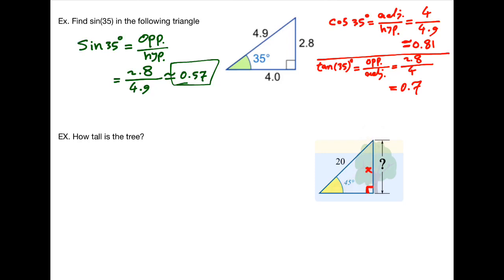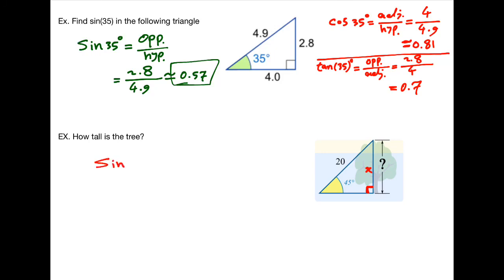If you go back to the trig ratios, only one of them relates opposite to hypotenuse. So which trig ratio relates opposite to hypotenuse? It is the sine ratio. So I have to work with sine here.